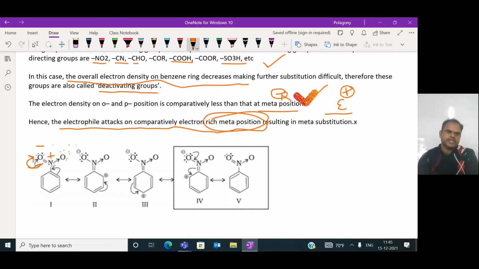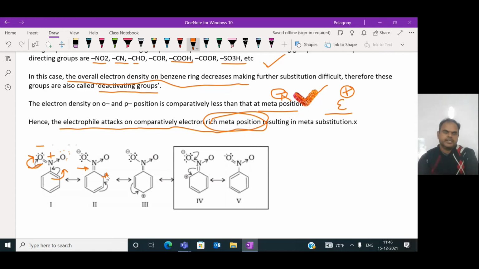When nitrogen gets the positive charge, the pi bond in the benzene ring moves between this nitrogen and carbon. Then a double bond is formed between nitrogen and carbon. Since the pi electrons are coming out of the ring, the ring is deactivated, or the ring will be deficient in electrons, and the positive charge appears on the carbon.